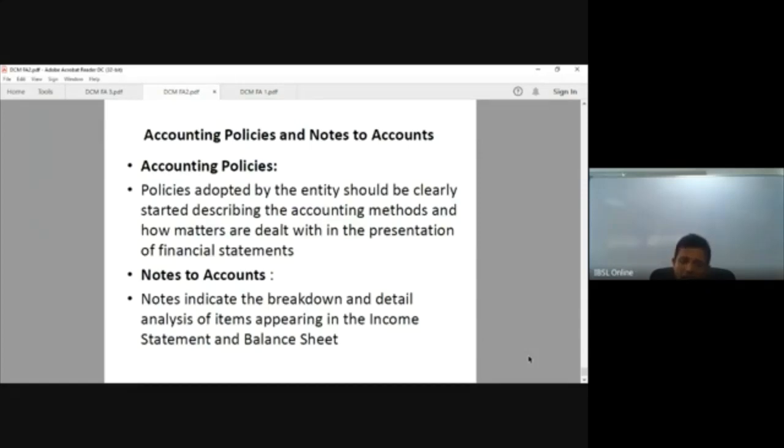If you have a note to the sales in the latter part, you can give details about the sales. For example, province-wise, what are the sales? Region-wise, what are the sales? Whether it is local or foreign, if you do have local sales and foreign sales, what are the categories?